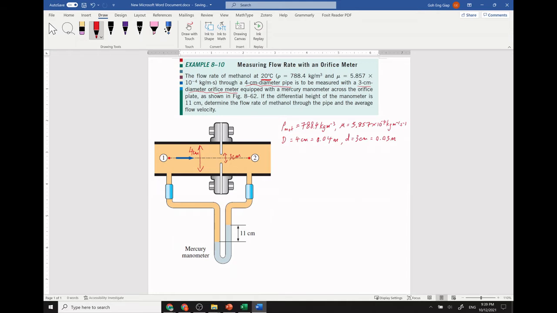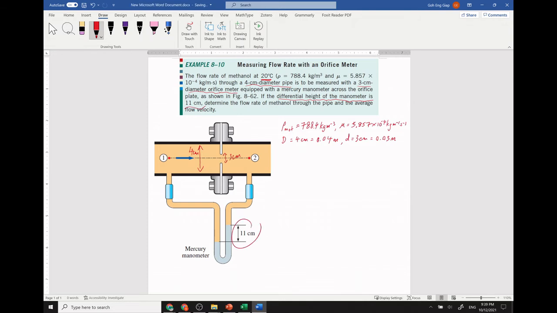It is equipped with a mercury manometer across the orifice plate. This whole thing is the manometer. The difference in height of the manometer is 11 centimeter.